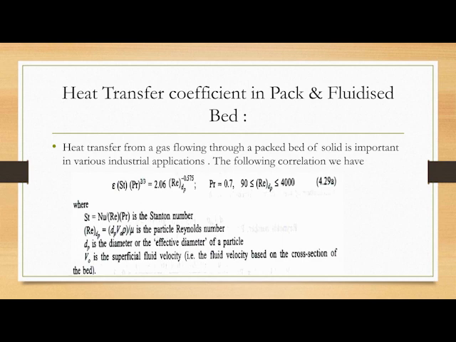So here we have the following correlation. Here St is the Stanton number, Re_p is the particle Reynolds number, d_p is the effective diameter of a particle, and V_0 is the superficial fluid velocity.